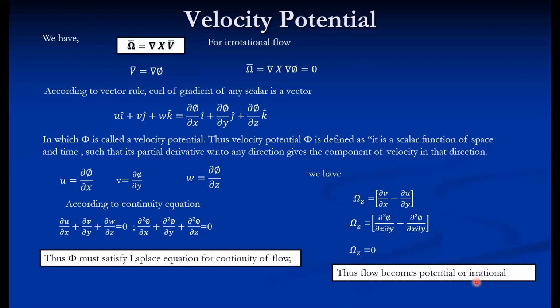So what is the importance of this velocity potential? It is an indicator of irrotational flow. If this potential is available in correct form, it is nothing but an indicator of irrotational flow. So instead of proving whether the flow is rotational or irrotational, instead of putting the values of velocity components in the rotational component, that is the vorticity component, that proof is not required.